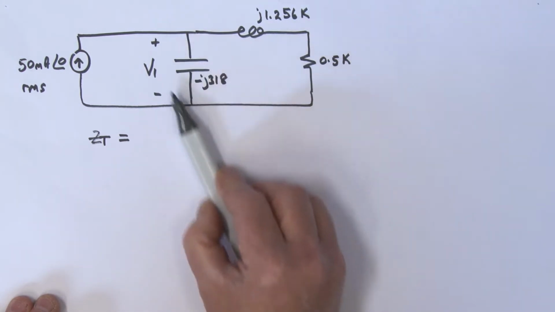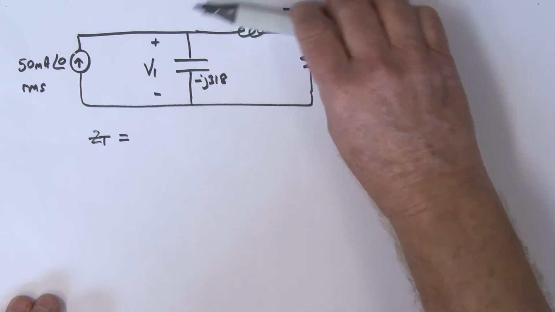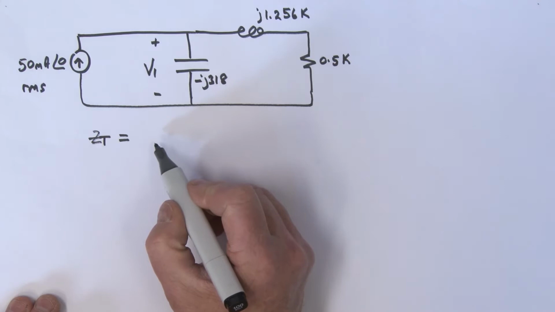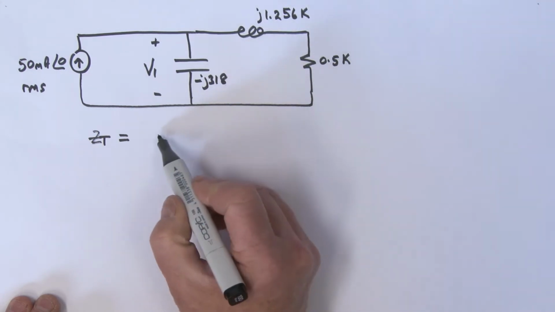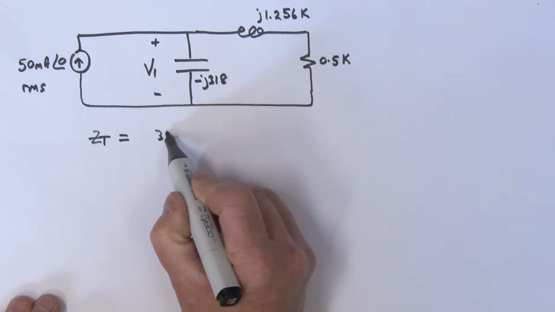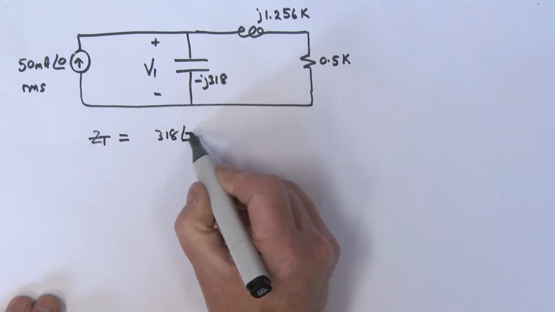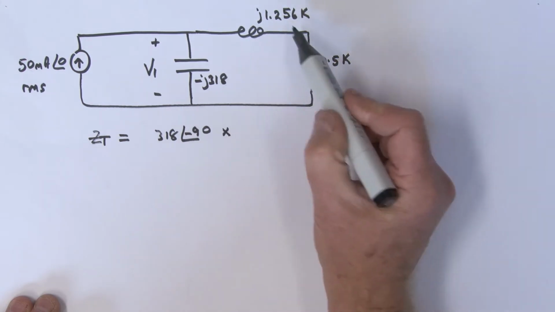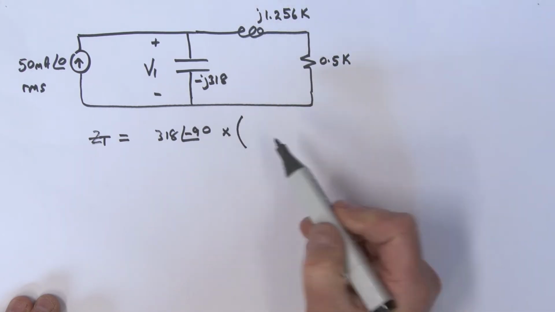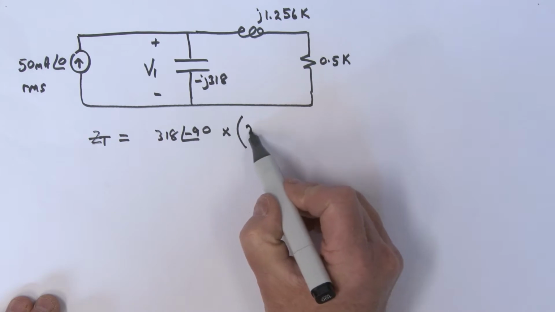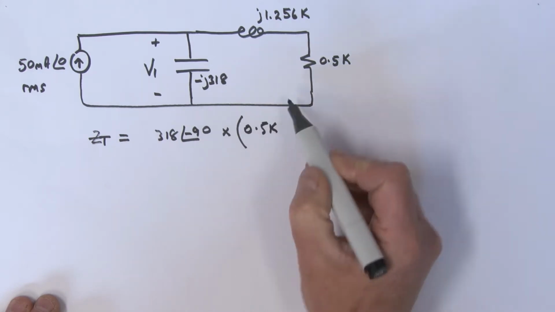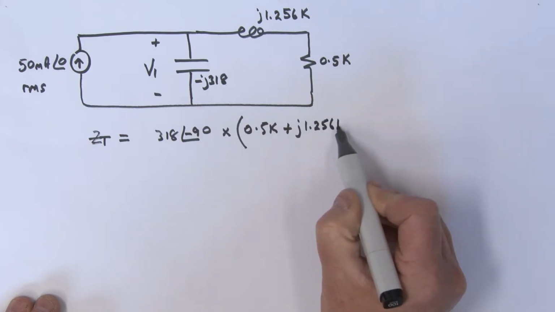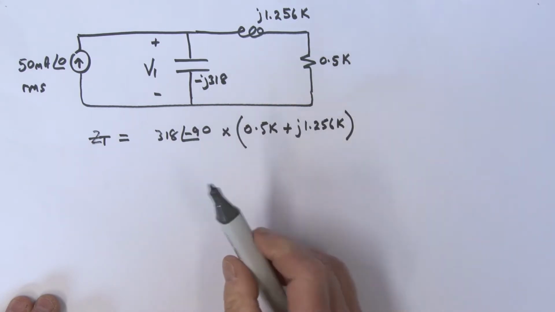We've got this impedance, which is in parallel with the series combination of these two. I'll write this one in polar form: 318 at an angle of minus 90. That's going to be multiplied by the series combination, which I'll write as 0.5k plus j1.256k.